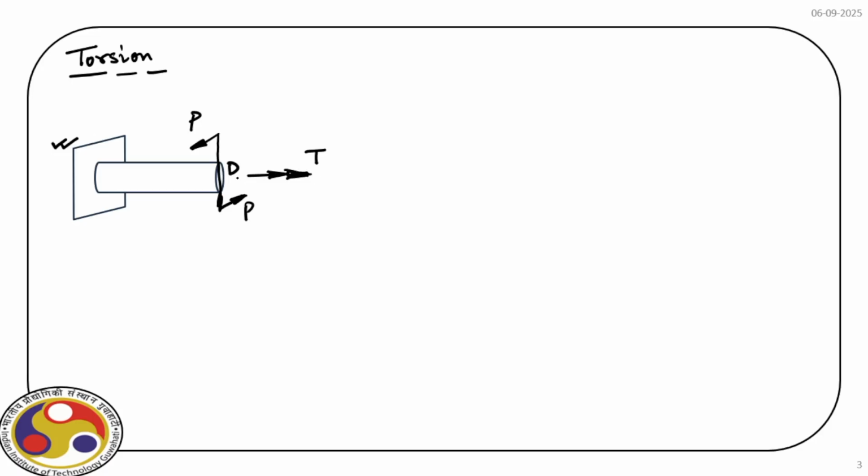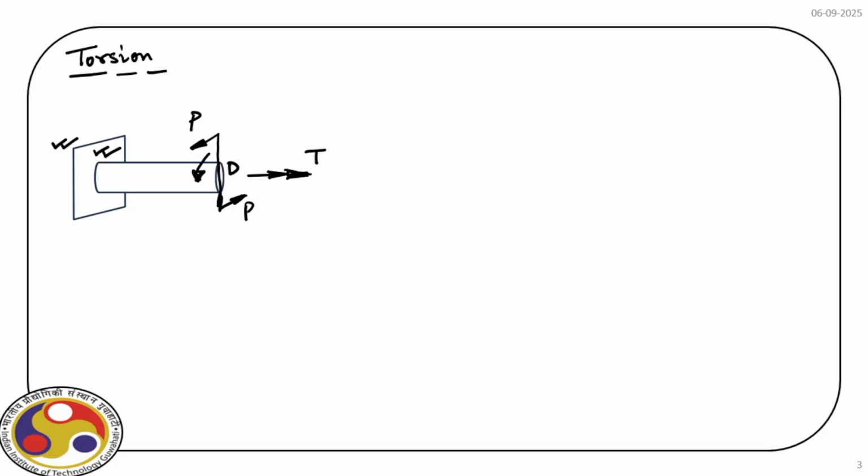This will also cause a rotation of the shaft, and because this is an elastic body and the fixed end has no rotation, with respect to that end this circular cross section will rotate in this direction.